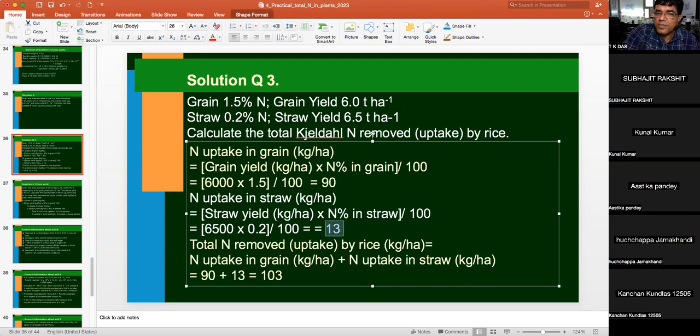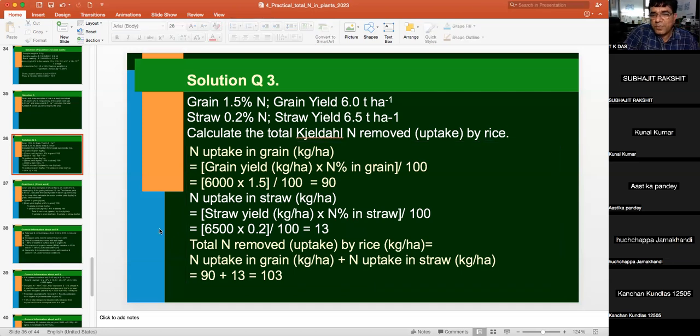So this comes out to be 13. And then total nitrogen removed, grain plus straw, so this is 90 plus 13, it is 103. Is it clear to everyone now?